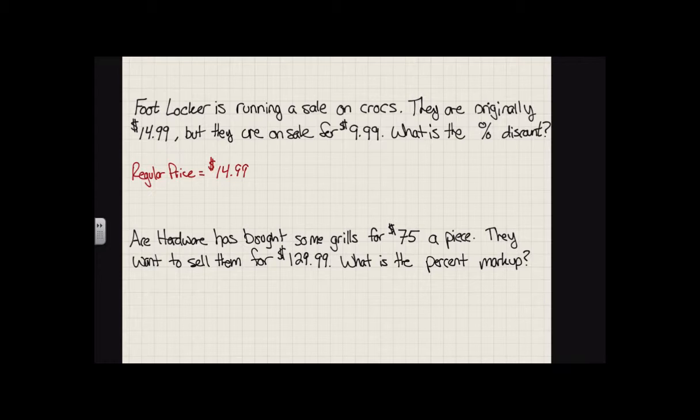The 99s are kind of weird, aren't they? $14.99 minus $9.99 is $5. So the discount is $5. Okay, that's the discount. So now we set it up so that we can find the percent discount.